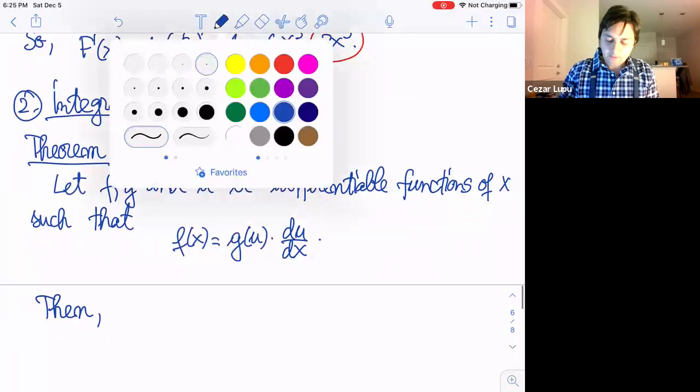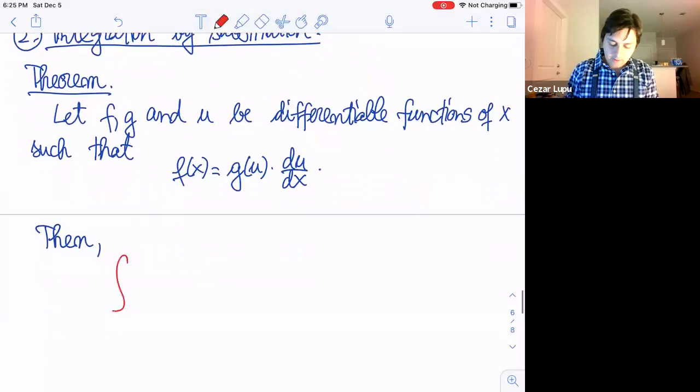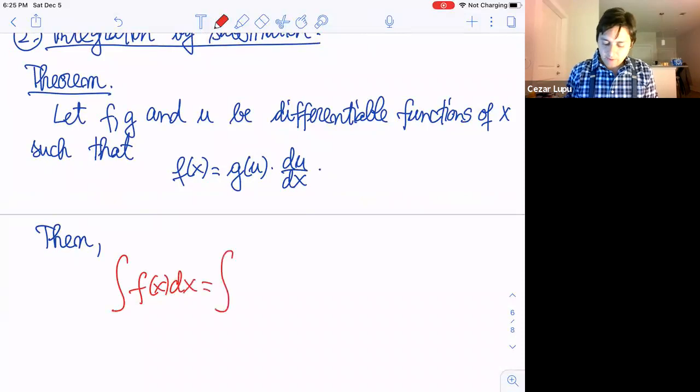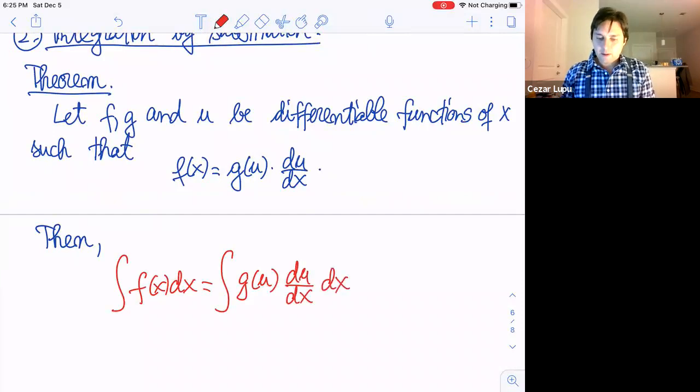And the formula is the following. I'm going to write it like this. The integral of f of x dx will be nothing else than the integral of g of u du over dx dx, right? Which is nothing else than the integral of g of u du. So we have the new variable now.